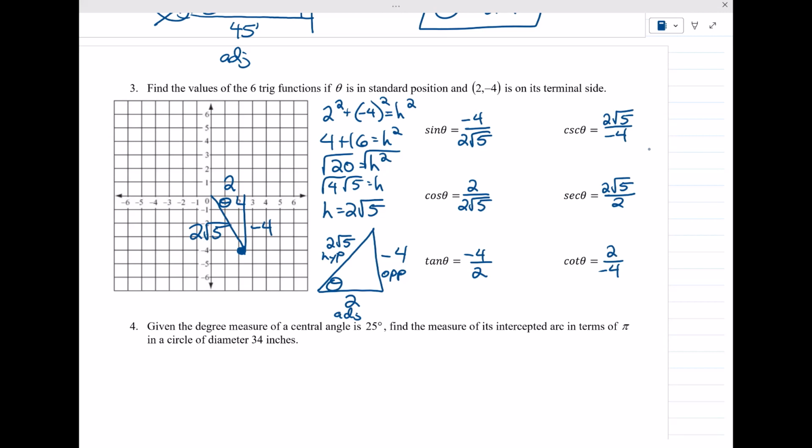So when we're talking about simplifying, you can't have a radical in the denominator. So what we're going to do here is multiply by the radical. And this just turns into, well, 2 cancels out with the 4. So it's just -2√5 over 5 would be the final answer. For tangent, -4 divided by 2 is just -2.